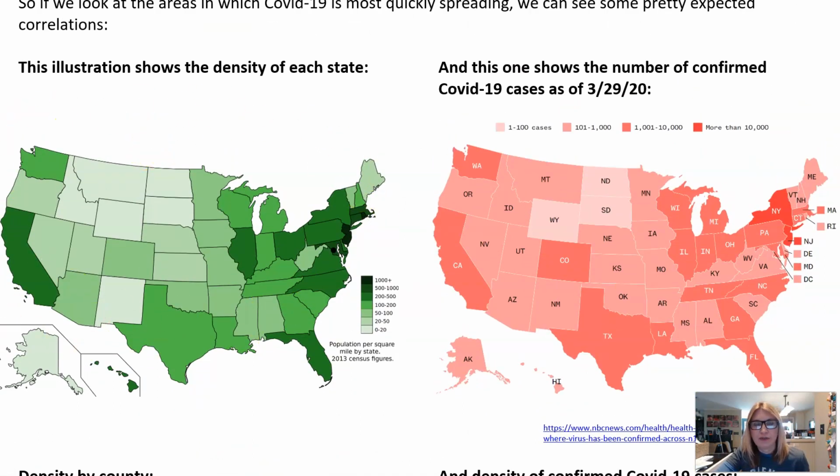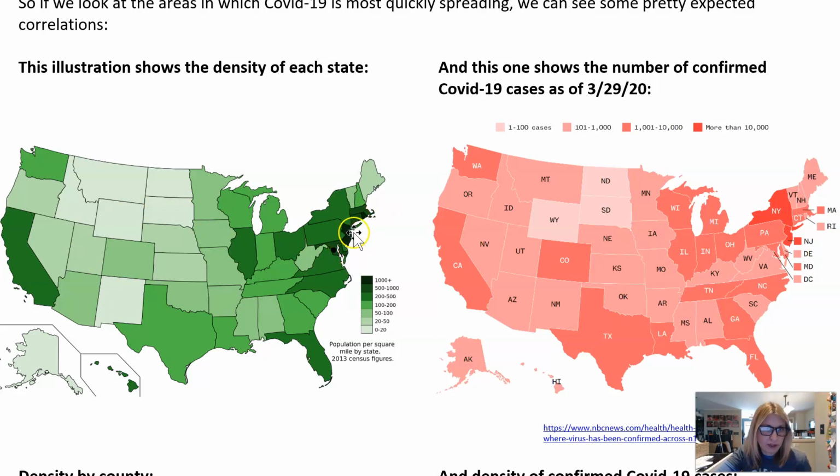So I just went and found this map here, and it shows where different states are most dense. So California is more dense than Texas, which is more dense than Iowa, which is more dense than South Dakota. So the darker the green, the more dense the area.